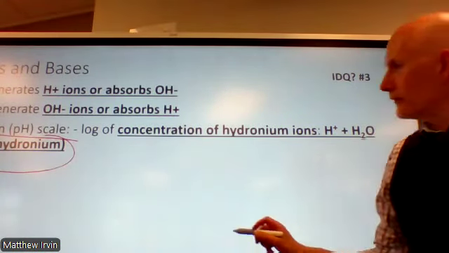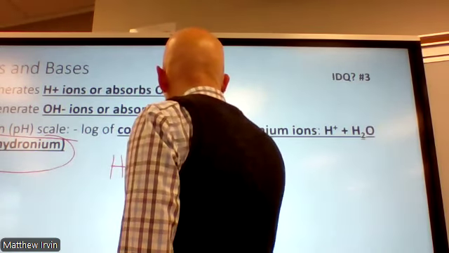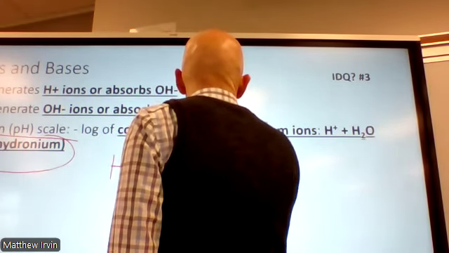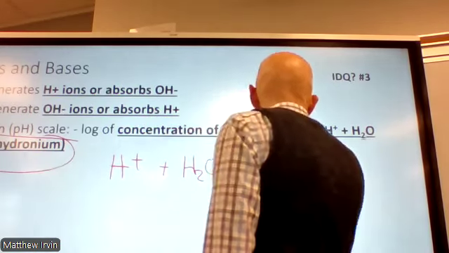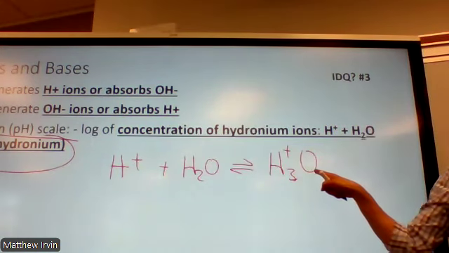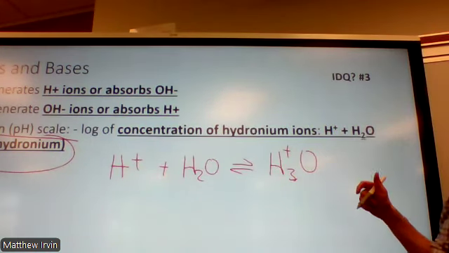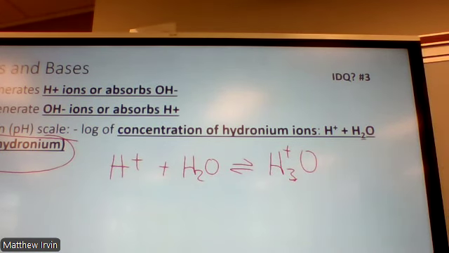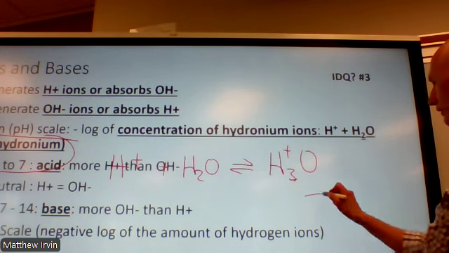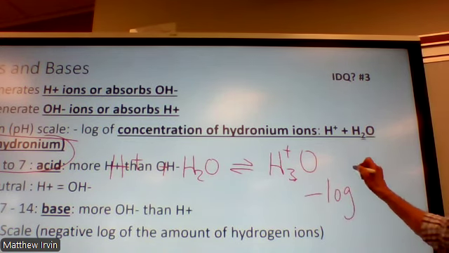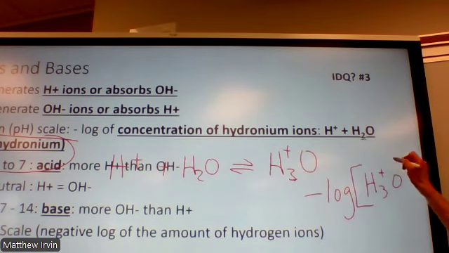Hydronium ions are formed when you have a hydrogen plus a water molecule, and that forms H3O. The more of this you have, the more acidic it is, because pH is calculated using the negative log of the hydronium ion concentration.